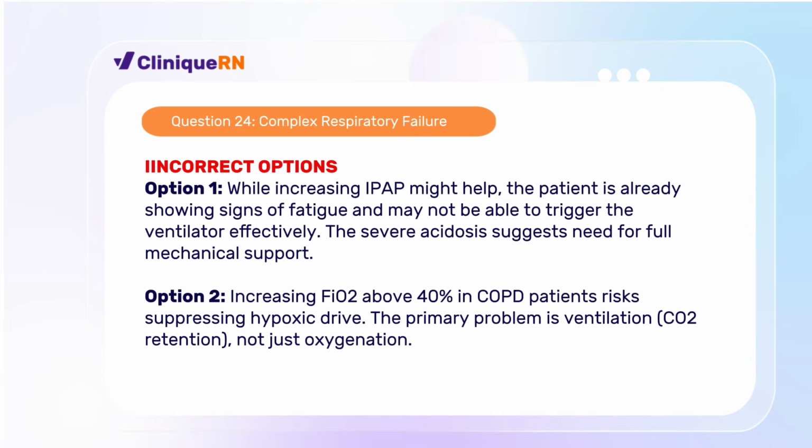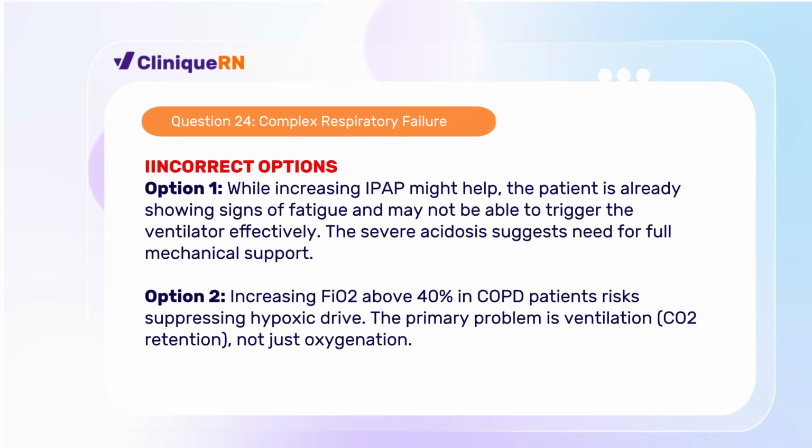Option 1. While increasing IPAP might help, the patient is already showing signs of fatigue and may not be able to trigger the ventilator effectively. The severe acidosis suggests the need for full mechanical support. Option 2. Increasing FiO2 above 40% in COPD patients risks suppressing hypoxic drive.